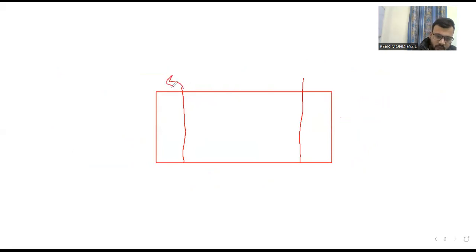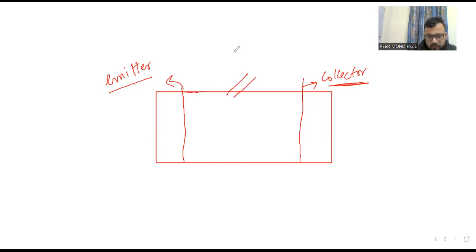This plate is known as the emitter, by which we mean that it will emit electrons, and this plate we call the collector, by which we mean that it will collect the electrons. Here we will use a transparent frame, this window will be transparent.